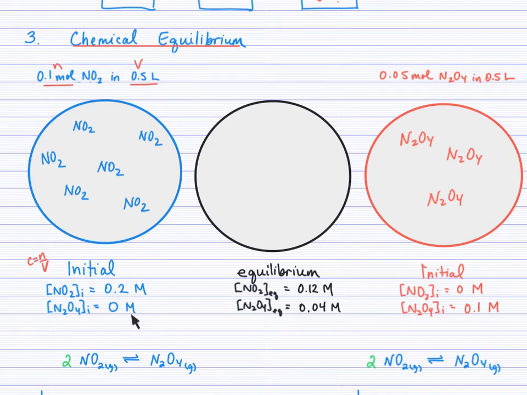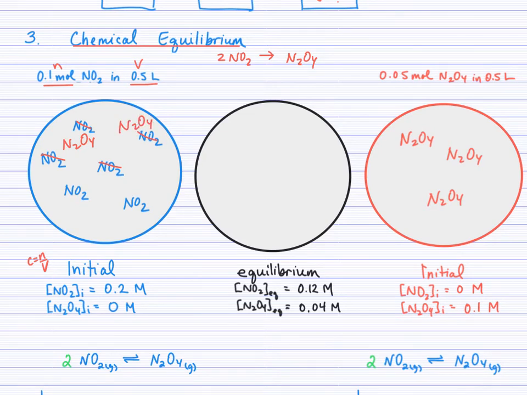Now, as these NO2 particles start to react, the balanced equation is this: 2 NO2 form the N2O4. So 2 of these are going to form an N2O4. Okay, and 2 more are going to form an N2O4 molecule.